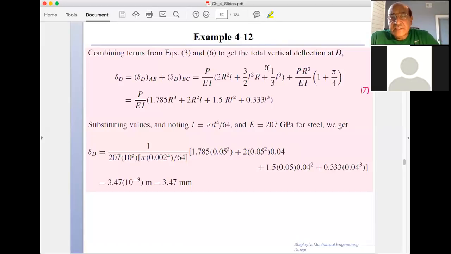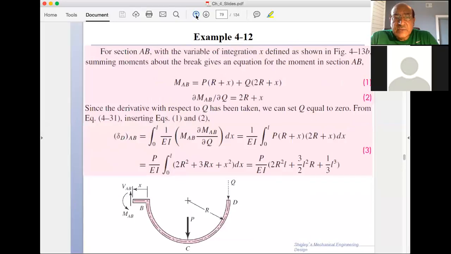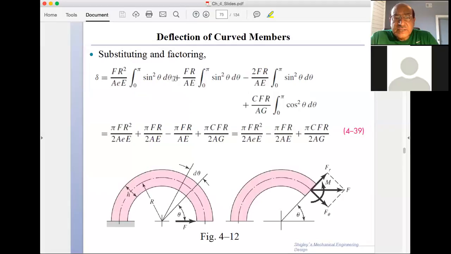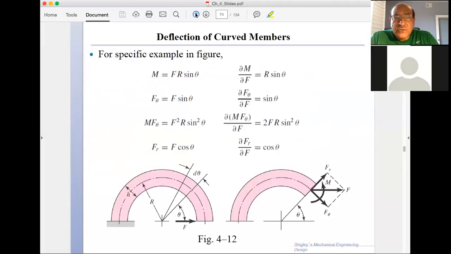Yeah, so this is kind of a nice example that shows the curved sections. In the worst case scenario of these types of examples, we actually have to bite the bullet and use this long form.